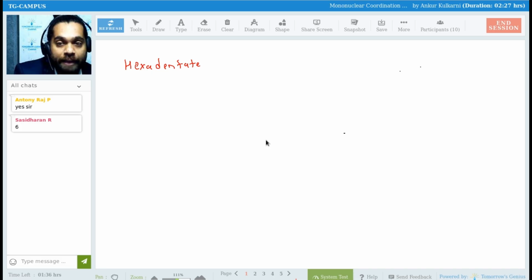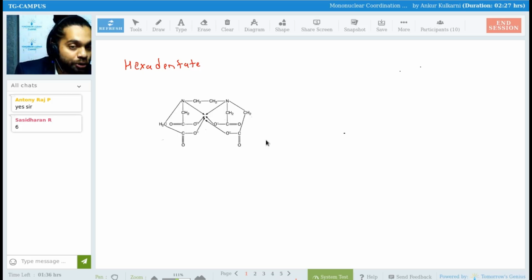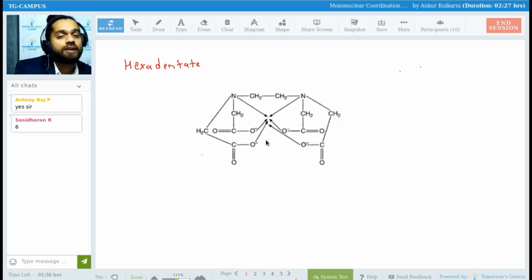For example, now I am giving you one structure. Let us check, can you identify it? You have heard about the name of the structure. Just look at the structure. Can you identify the name? I do not expect you to, but can you?